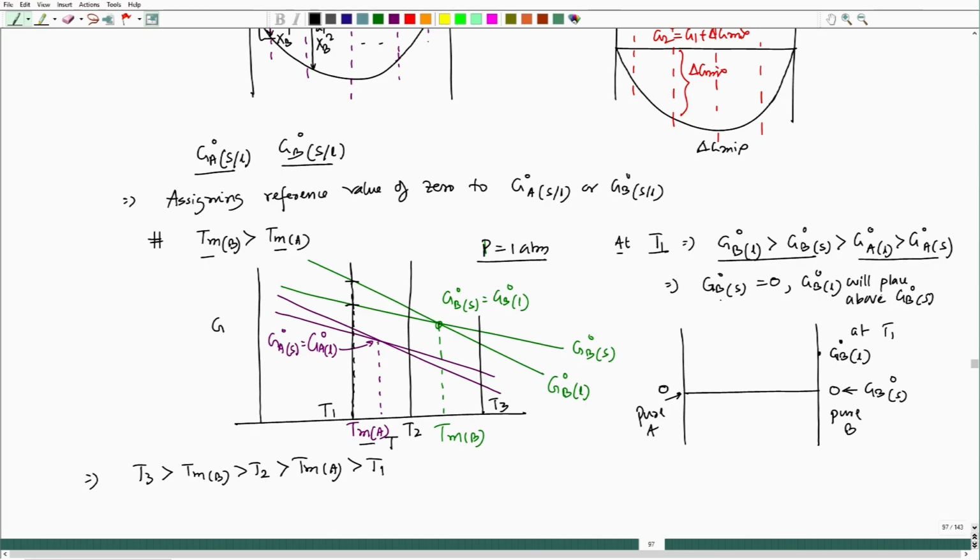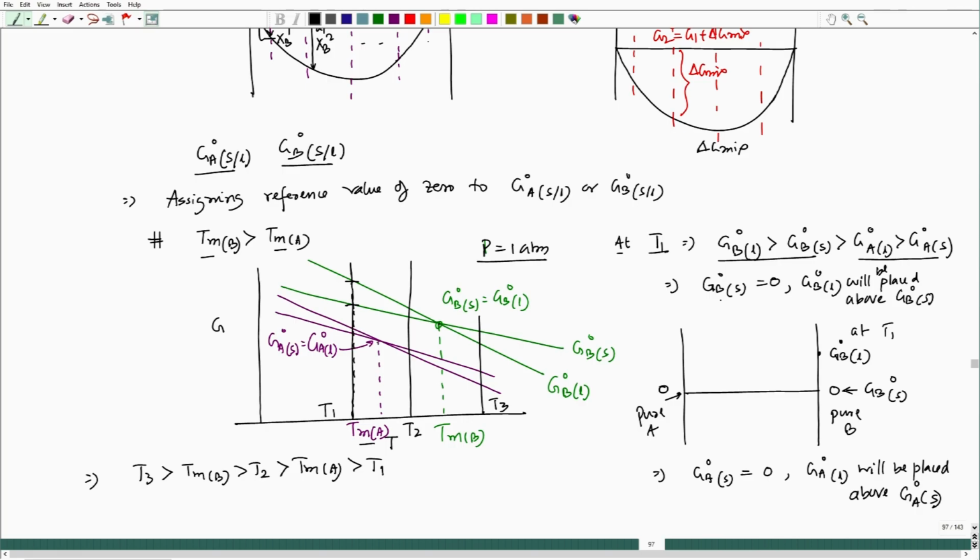Similarly, for A, G_A^0 solid can be taken as 0, because the solid condition has lower free energy than A in liquid. So, this can be taken as 0 and G_A^0 liquid will be placed above it, since we are talking about the solid.